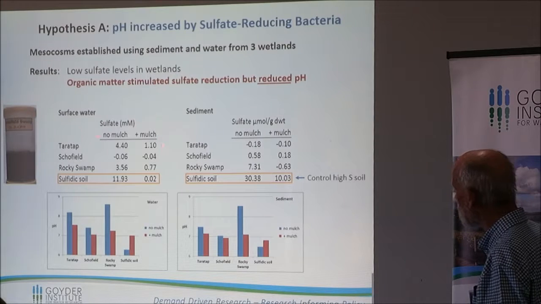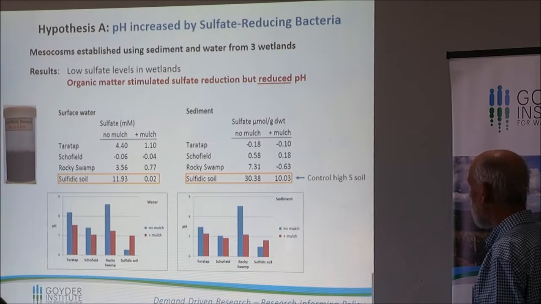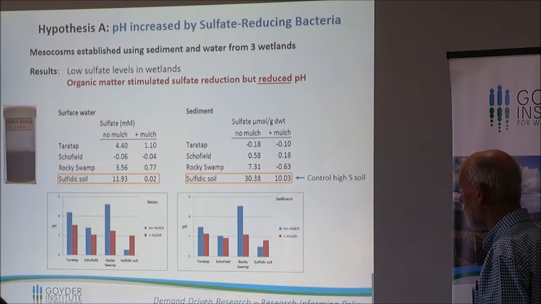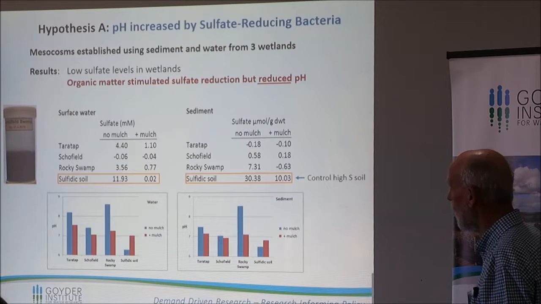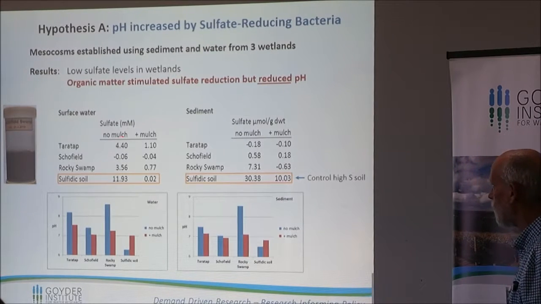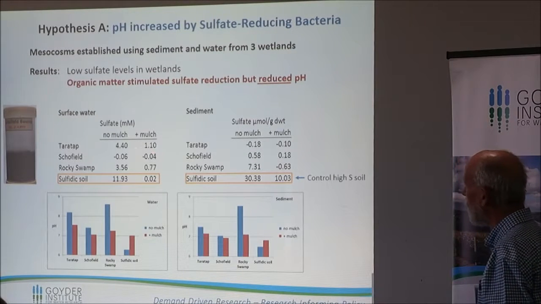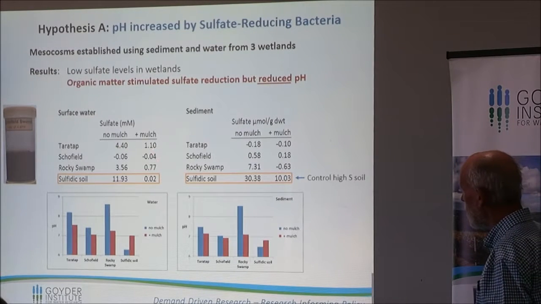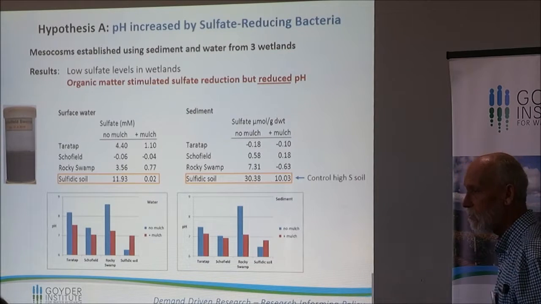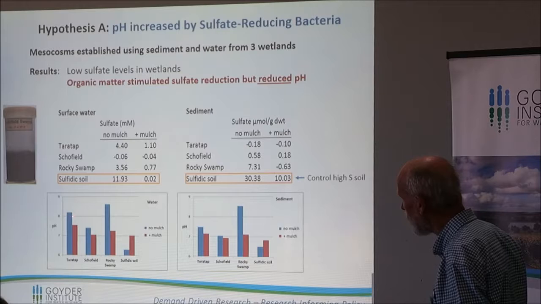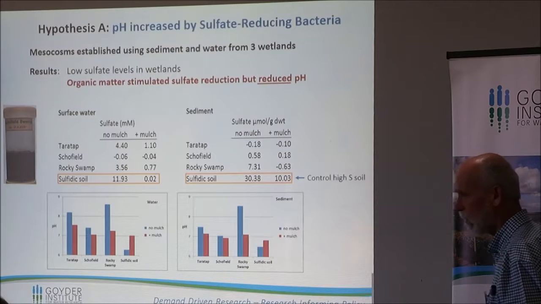We did exactly the same thing for both surface water and sediment from the various wetlands. And what we found is that, yes, if you add organic matter, rotting vegetation, then the sulfate concentration goes down. But we didn't find any increase in pH. In fact, it was more likely to acidify.